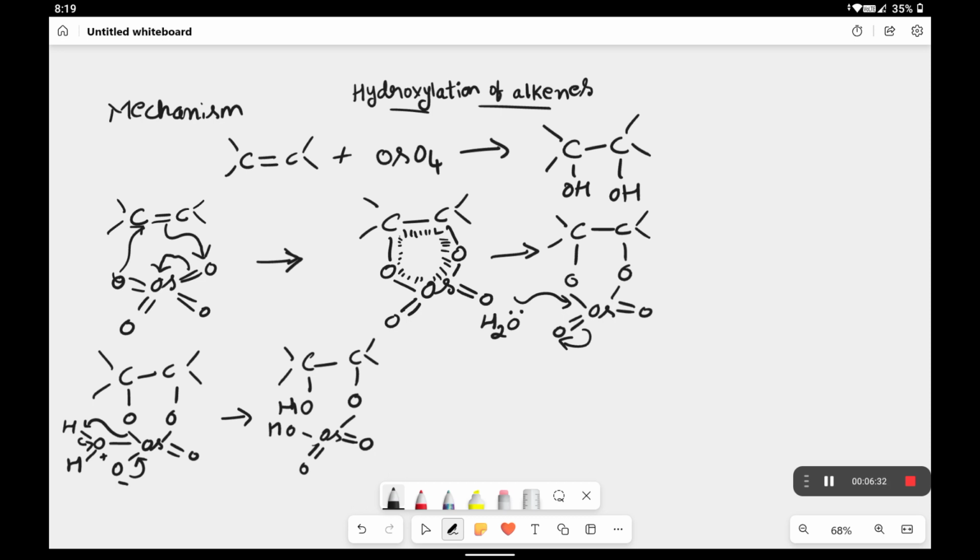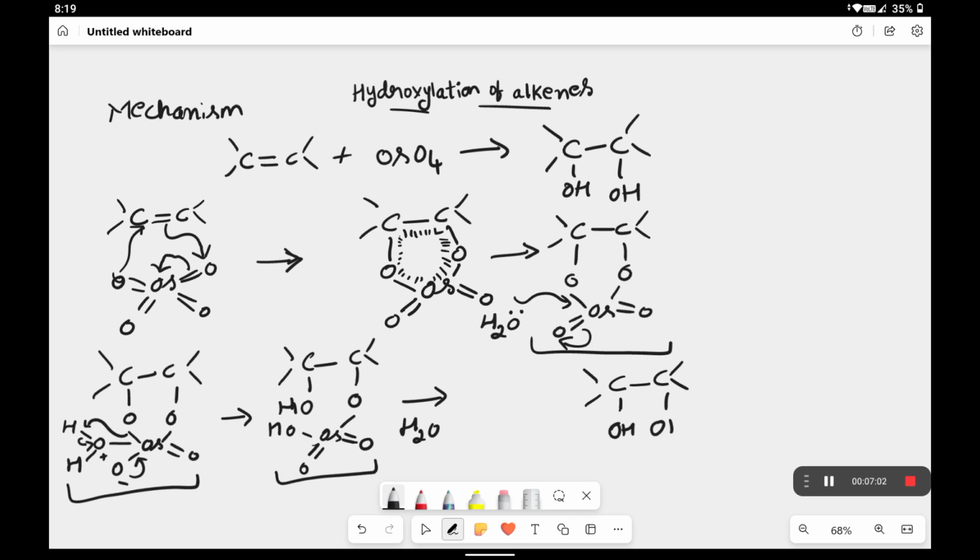So here there are two carbon-oxygen bonds. Again it undergoes one more hydrolysis using a water molecule. The same step is repeated for this carbon-oxygen bond also, and ultimately we get the product, the 1,2 diols.